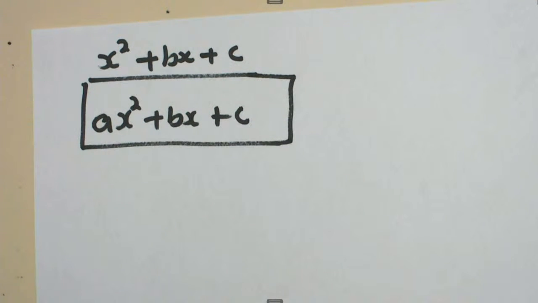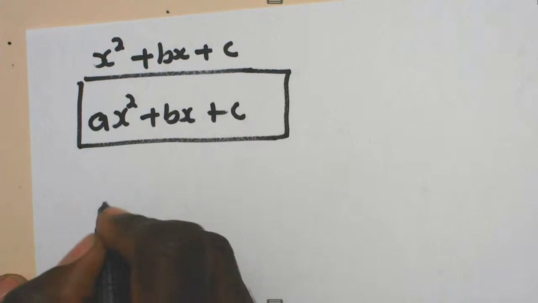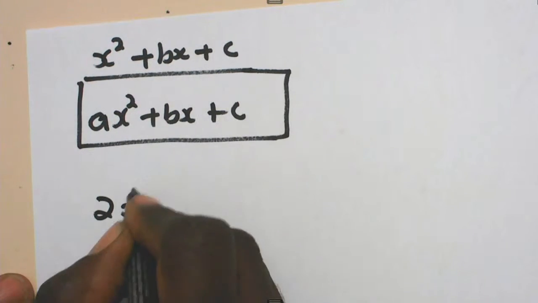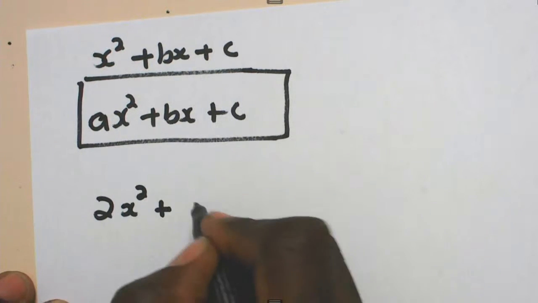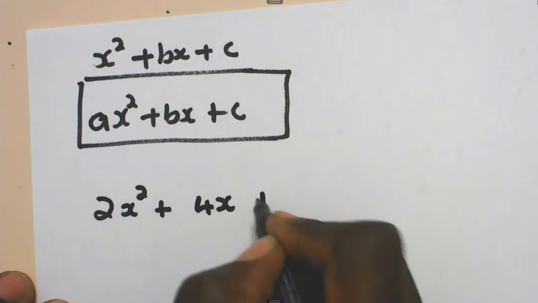The example that we can go and do is this one. Let's say we have 2x squared plus 4x plus 6.